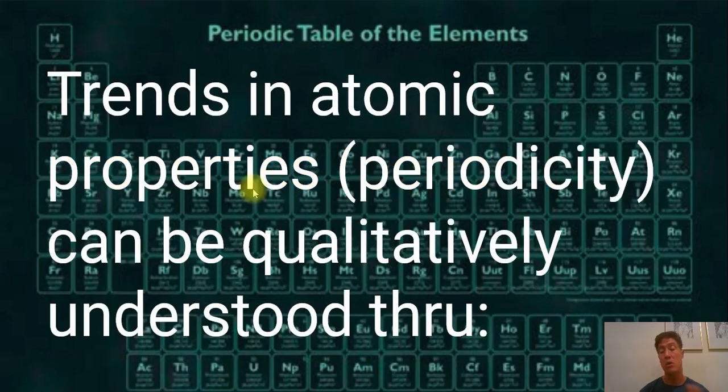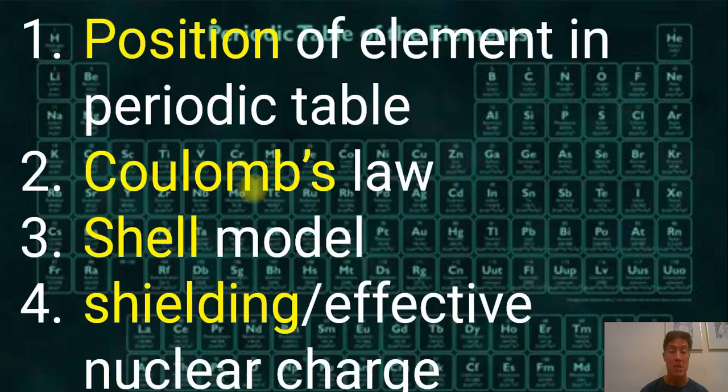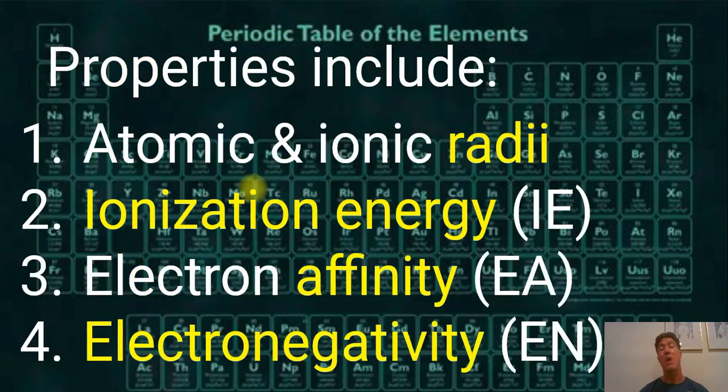So these trends can be understood through the element's position, through the application of Coulomb's law, through the orbital shell model, and then the idea of the shielding caused by other electrons, and thus the effective nuclear charge of the positively charged nucleus.